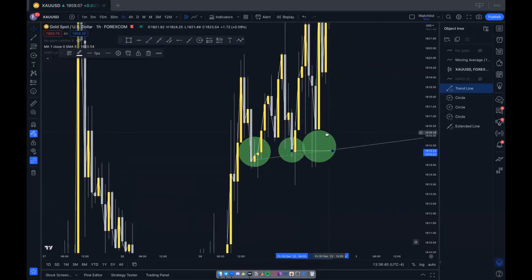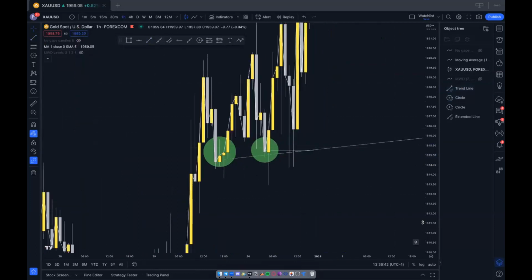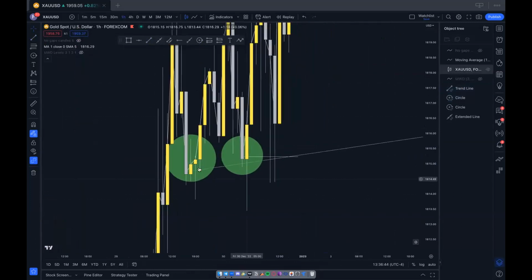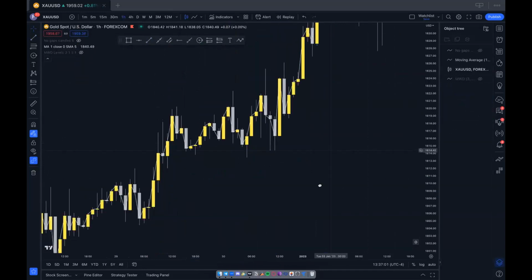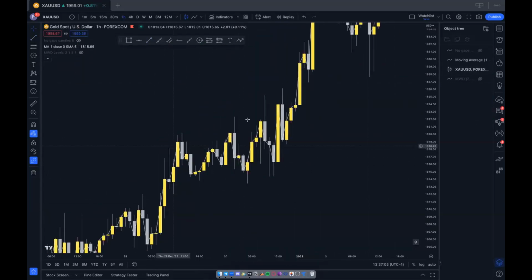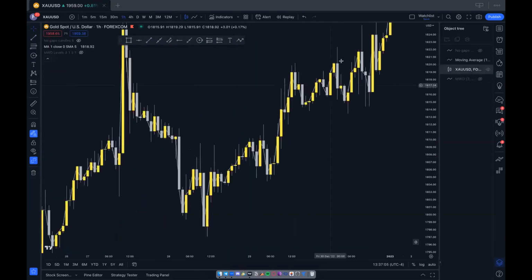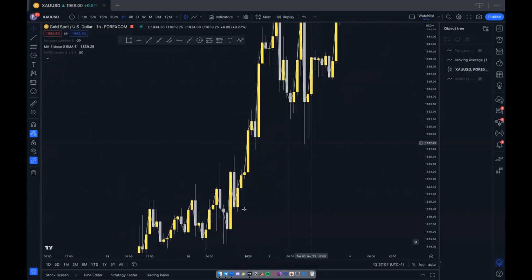If you look very, very closely, it jabbed into our SNR and jabbed into our trend line. So this is a valid buy. Go up even more and look for some trend line type 1.